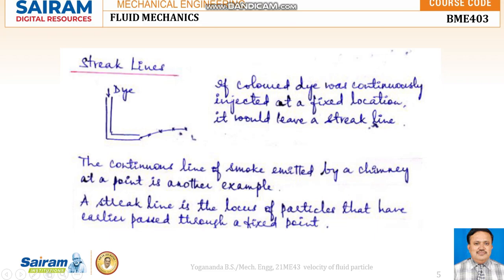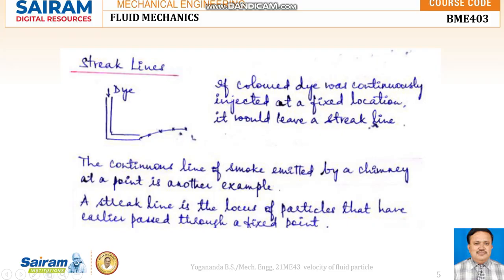So then the movement of that injected dye will leave the streak line. So the continuous line of the smoke emitted by the chimney at a point is another example for the streak line. Or the colored dye that is continuously injected at a fixed location, that would also leave the streak line.